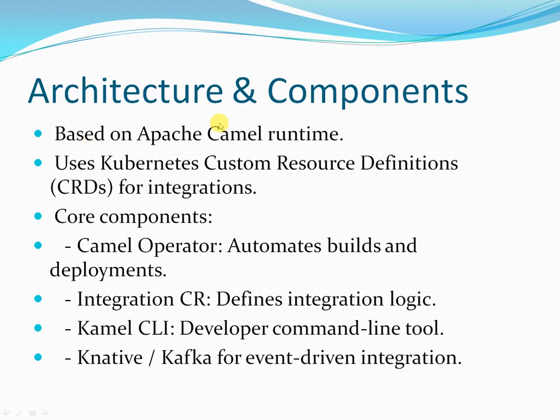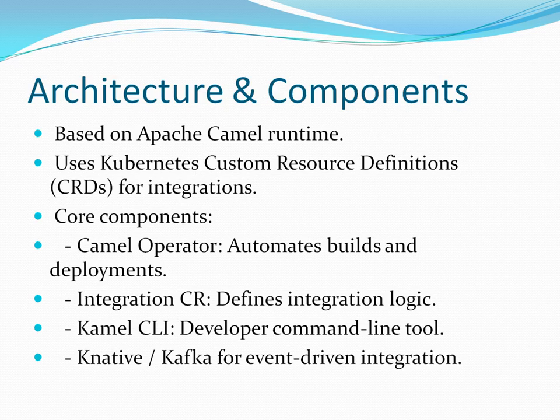What are the components involved in this architecture? As I mentioned, the Apache Camel runtime is the core engine to run the integrations. It uses a Kubernetes custom resource definition, so it creates a custom resource called Integration in Kubernetes.